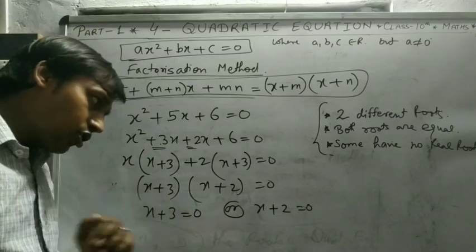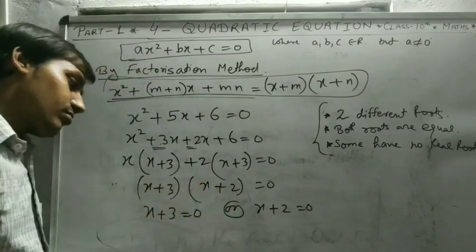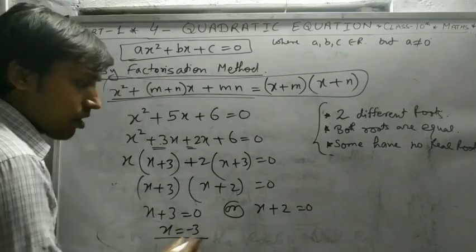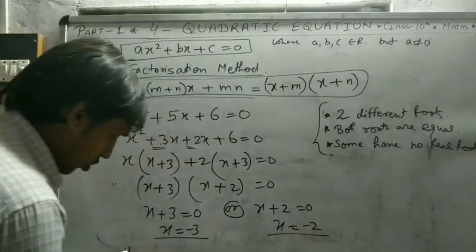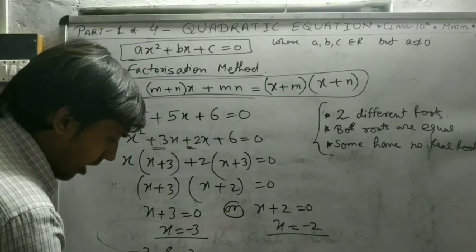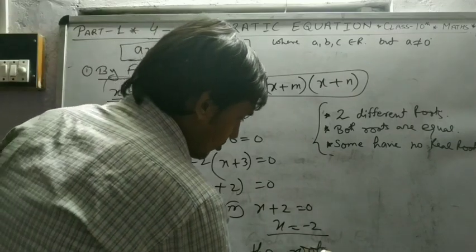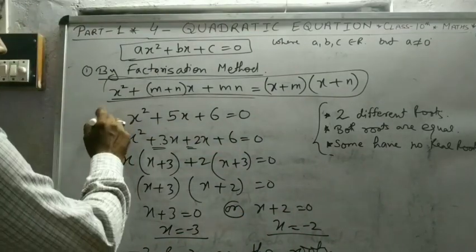Either x plus 3 is 0 or x plus 2 is 0. If x plus 3 is 0, x is equal to minus 3. If x plus 2 is 0, x is equal to minus 2. So minus 3 and minus 2 are the roots of this quadratic equation.